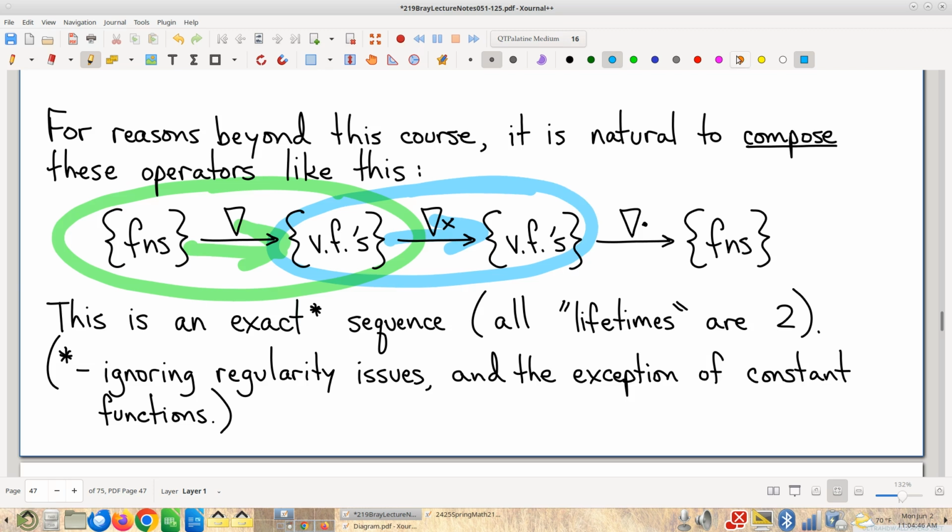And if you take the divergence operator, that takes in vector fields and spits out scalar-valued functions. If you compose them in exactly this order that I have here, seemingly arbitrarily, amazing things happen. Shockingly convenient, shockingly consistent patterns and relationships just start showing up.